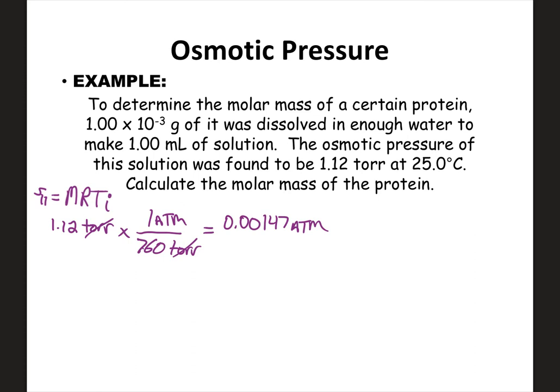We cannot have the temperature in degrees Celsius. It needs to be in Kelvin. So degrees Celsius plus 273 equals Kelvin. So we got 25 degrees Celsius plus 273, and that's going to equal 298 Kelvin. All right, so it looks like now we're ready to plug into our osmotic pressure equation.